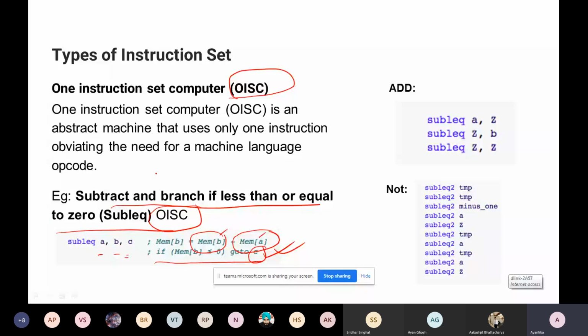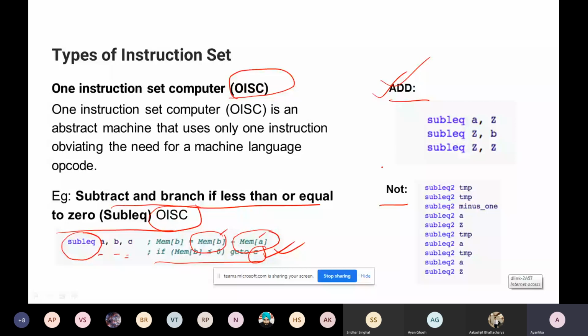Now if we consider this single instruction, you can see here that by using this single instruction and manipulating it in different steps, you can actually implement add, not, and all possible instructions. So this is the concept of the one instruction set computer.